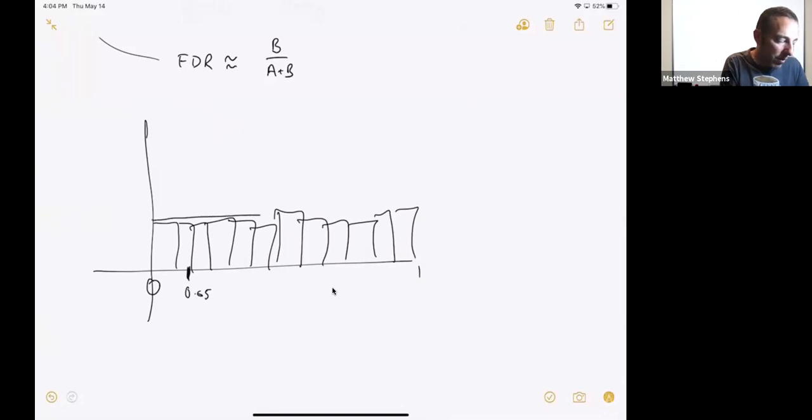Well, you can see that what would happen is it would basically assign all the tests to be alternative, and the false discovery rate would be estimated to be about 1, all of them.